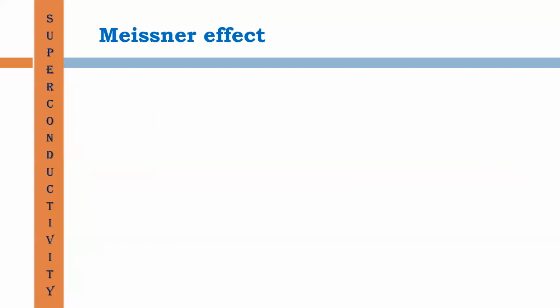Now we discuss the famous Meissner effect. This effect was discovered by Meissner and Ochsenfeld in 1933.